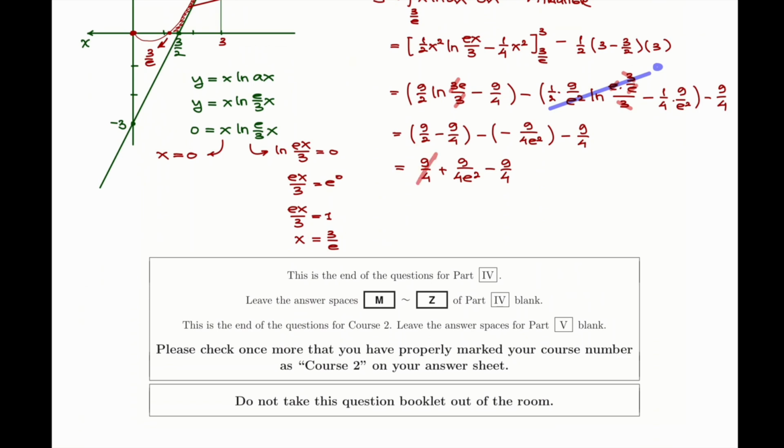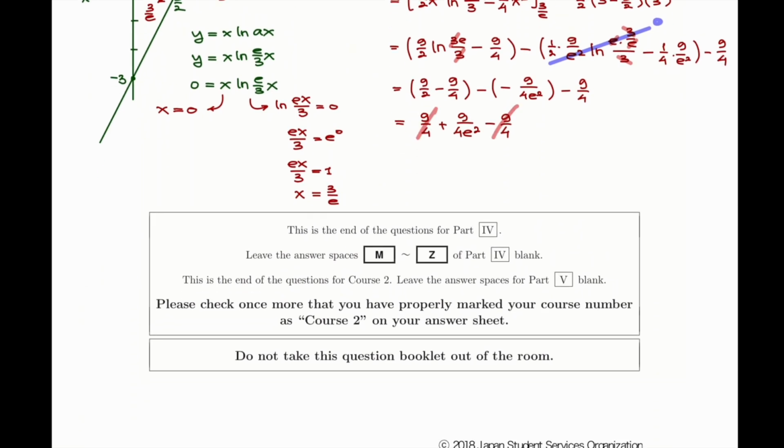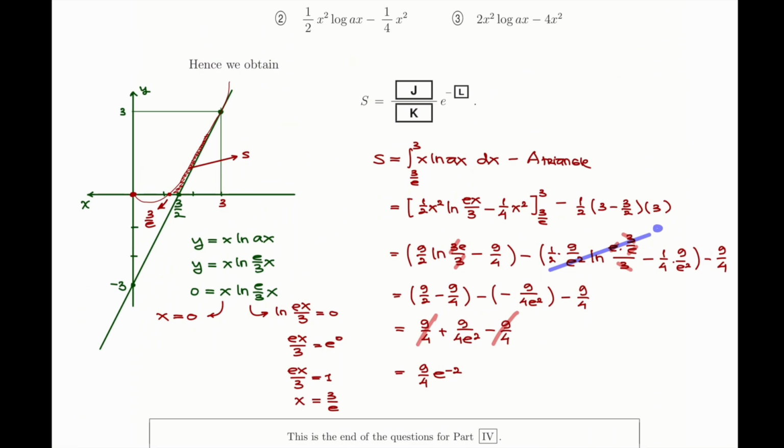Get rid of this 9 over 4, so our final answer is (9/4)e^(-2). This is J, K, and L. So our J is 9, our K is 4, and then 2 for L.